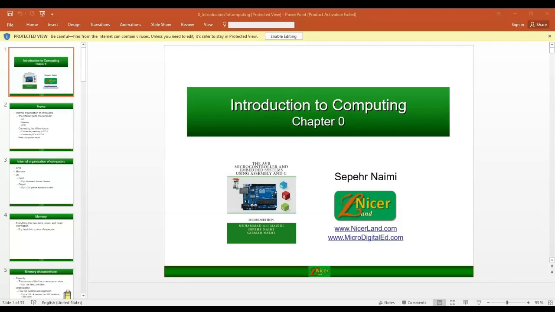Now, how does a CPU work? This is the main question. The CPU has mainly four parts: program counter, instruction decoder, ALU (arithmetic logic unit), and registers. Registers store the information. ALU performs any of the operations.